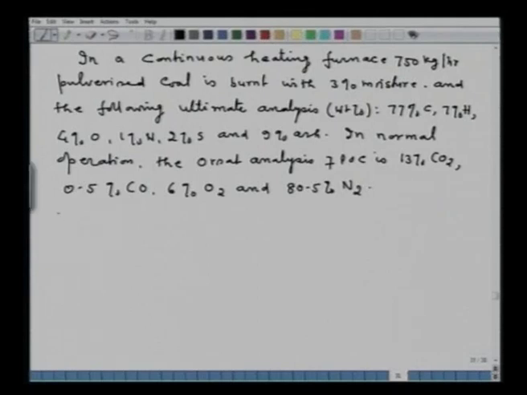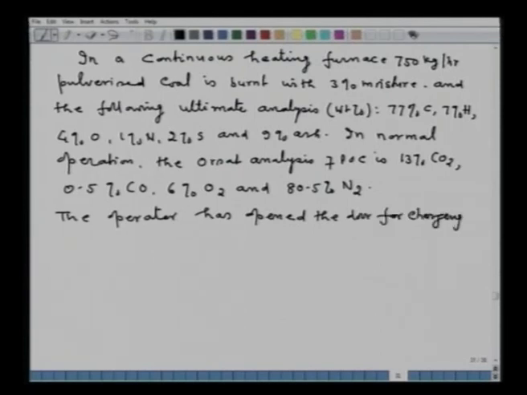Now, the operator has opened the door for charging. He observes that the analysis of POC is changed.